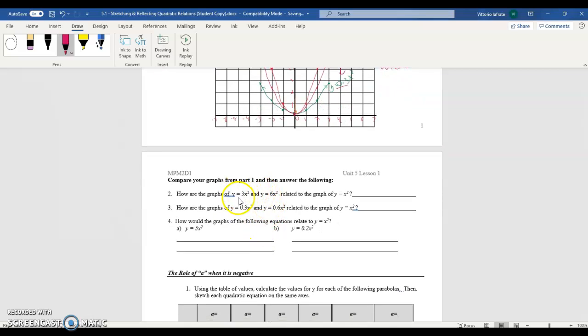So how are the graphs of y is equal to 3x squared and 6x squared related to the graph of y is equal to x squared? Well, we know that these graphs here, y is equal to 3x squared and y is equal to 6x squared, they have a greater y value. So the y values are greater for every unit of x, for sure.